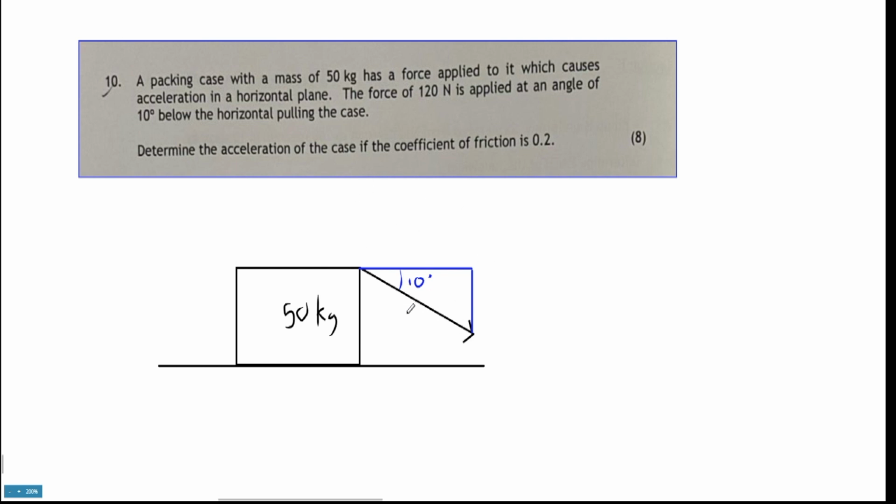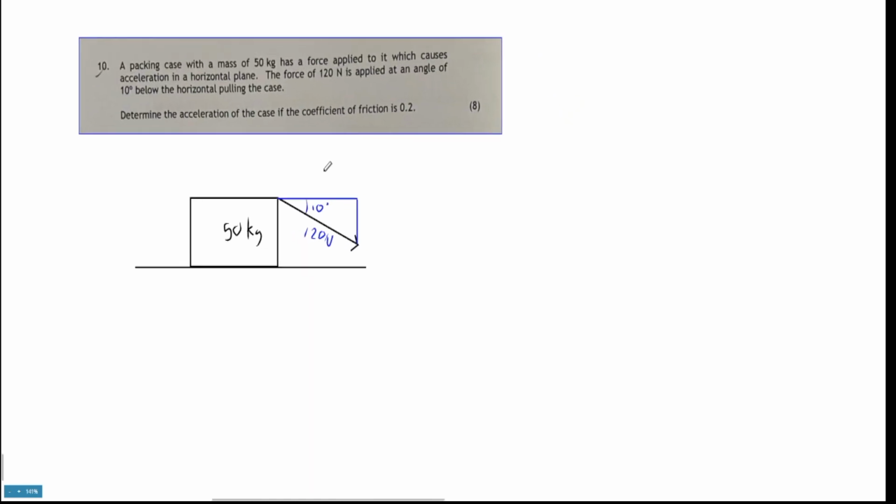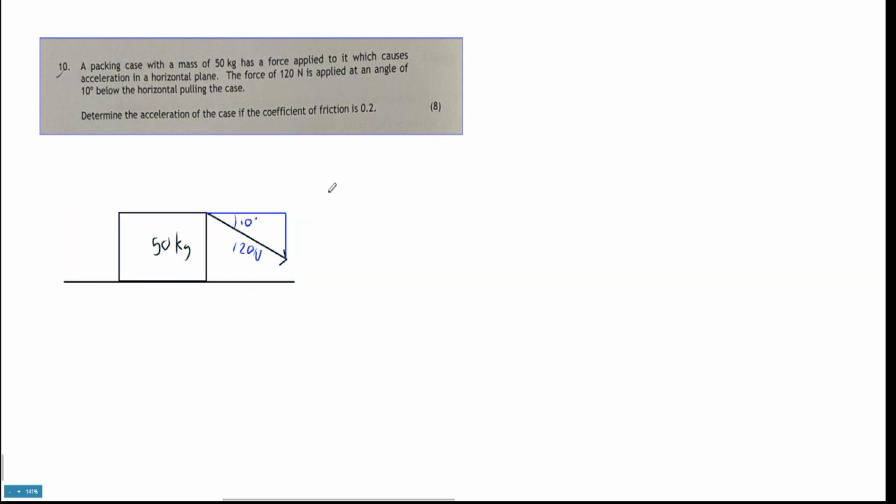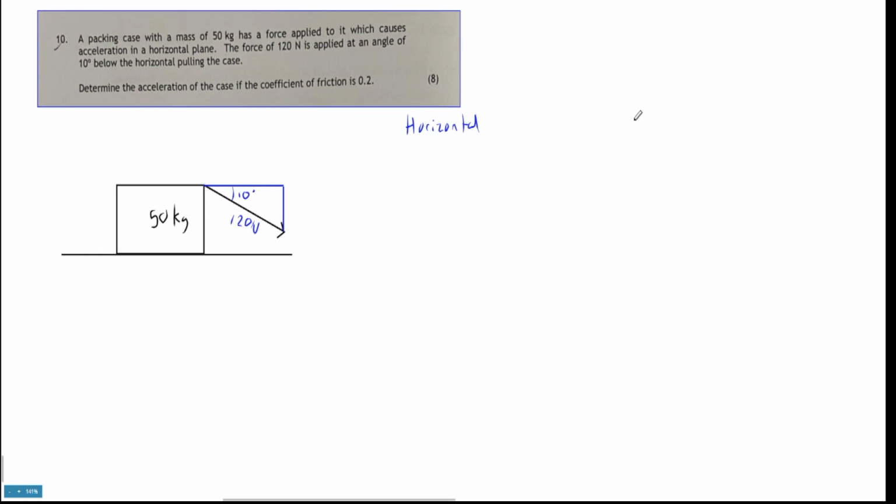Let's see. We've got 120 newtons on that diagonal force. So let's break this down and have a look at the horizontal and the vertical of it. Let's look at the horizontal first of all. I don't know if I'm going to look at the horizontal or the vertical, so I'll do both of them at the same time.